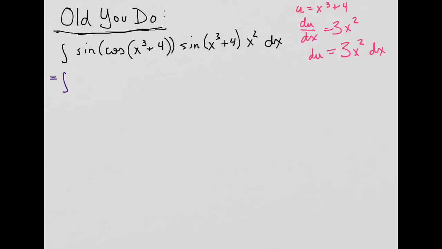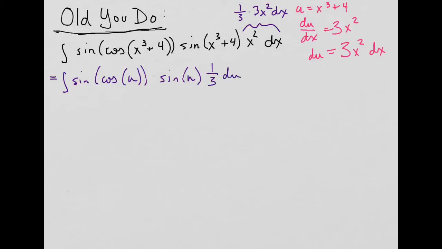Then we're going to have sine of cosine of u times sine of u. And then we have that x squared. Now, I should have done this in a separate step, but let's just say that this x squared, we want it to be 3x squared dx. And so that's going to be 1/3 times 3x squared dx. And if we were to substitute that with du, it's going to be 1/3 du.